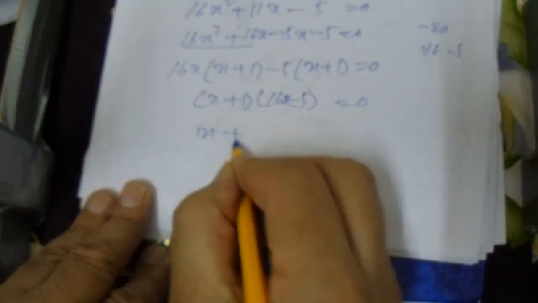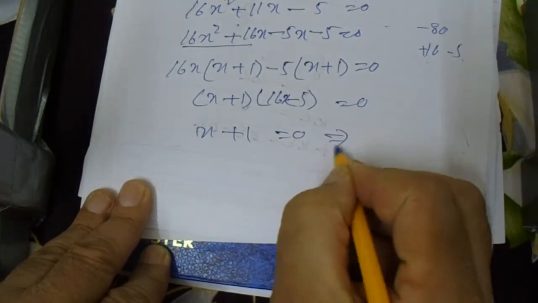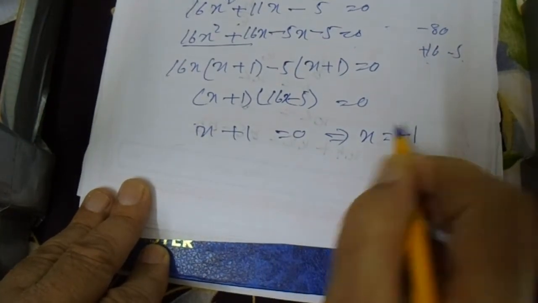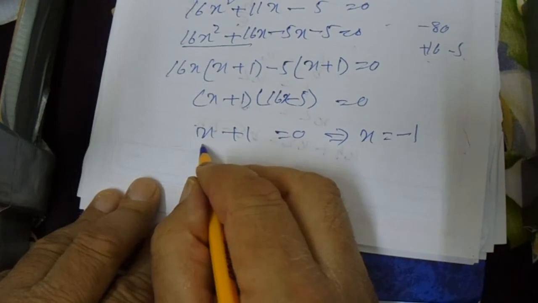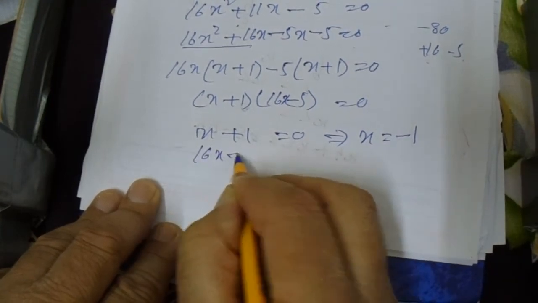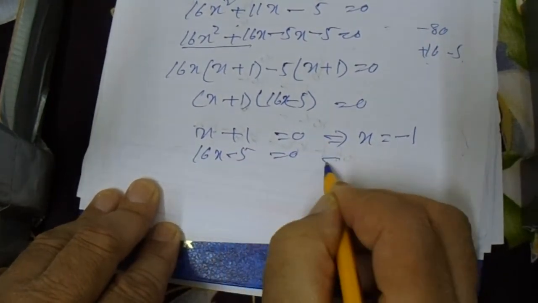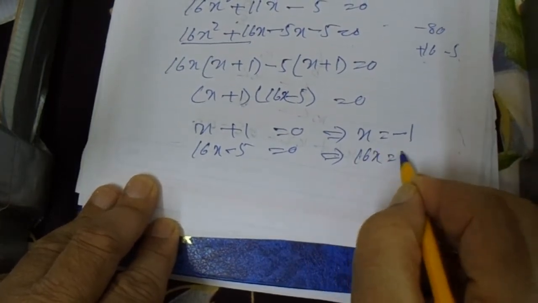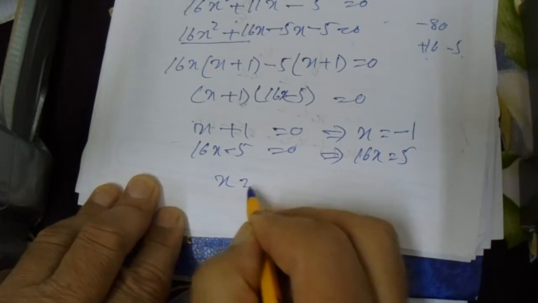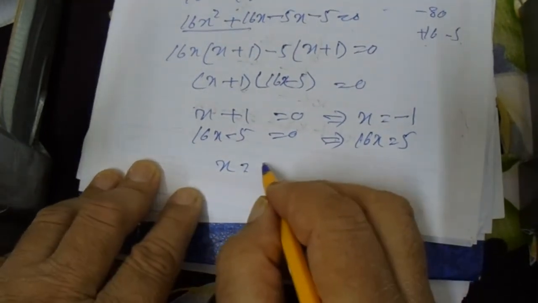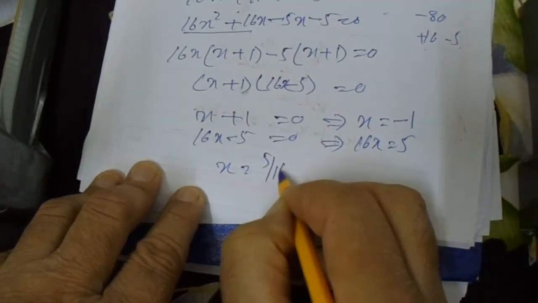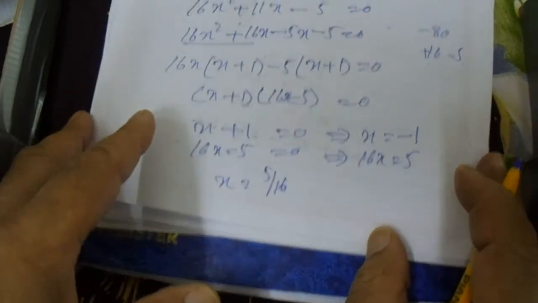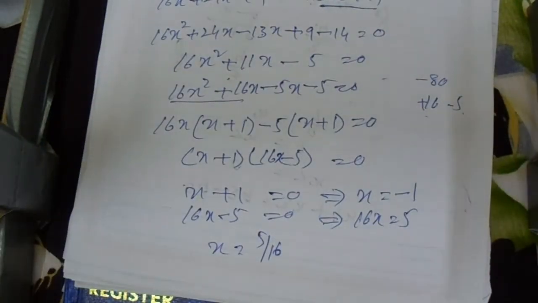Now x plus 1 is equal to 0, so x is equal to minus 1, and 16x minus 5 is equal to 0, here 16x is equal to 5, and x is equal to 5 by 16. Now 5 by 16 is our second value.